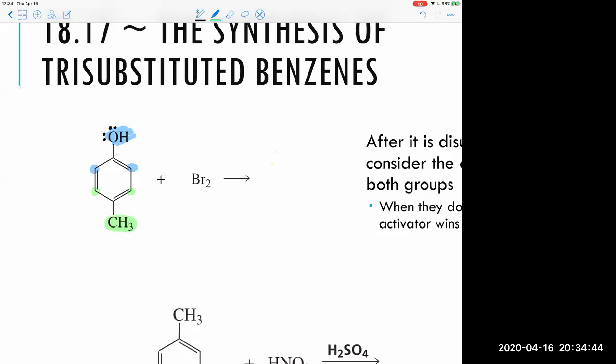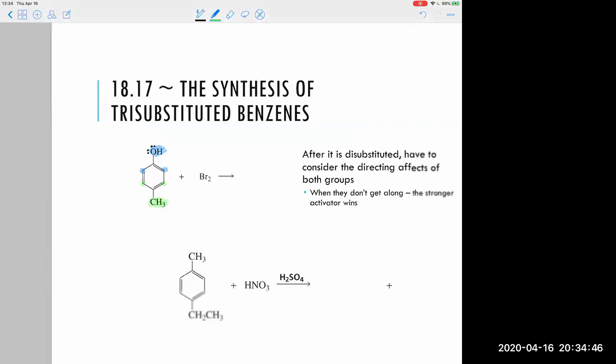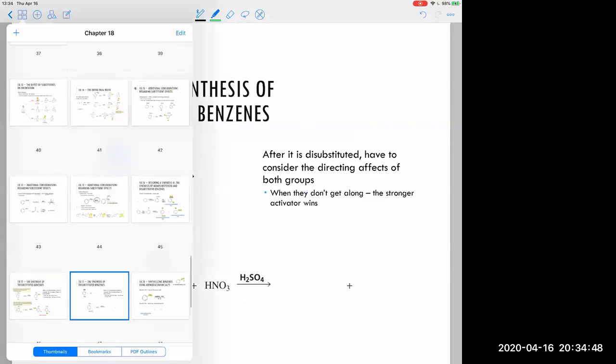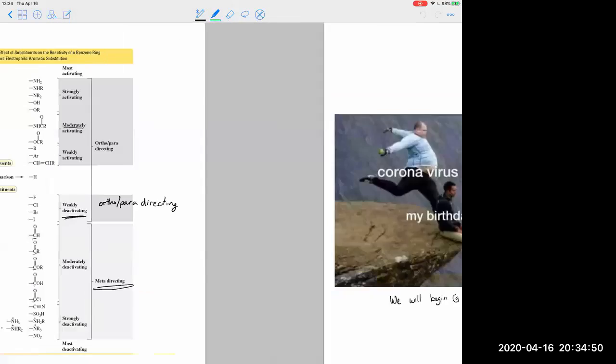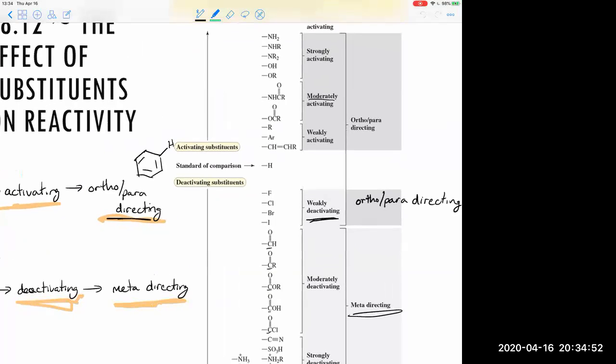So which one's going to win? This is where you have to consider our little ranking here, right? This is why we distinguished between strong activators, moderate activators, weak activators, et cetera. Whichever one is the stronger one is what's going to win.